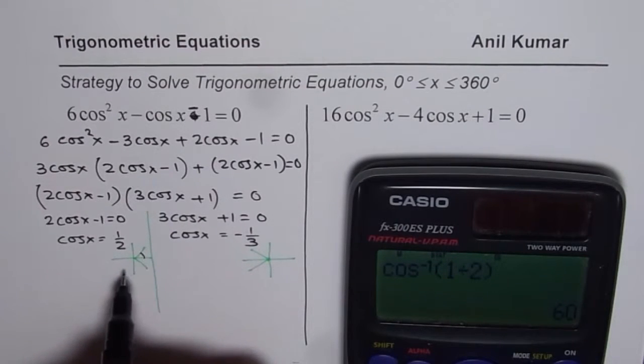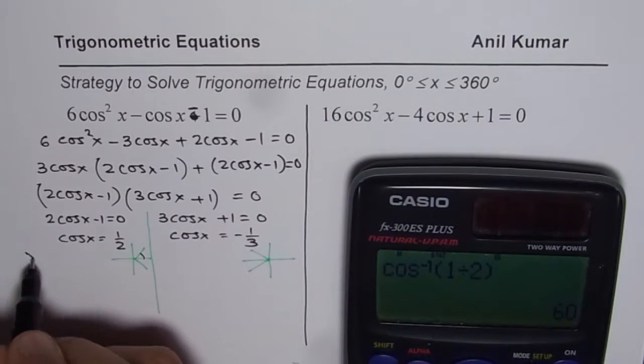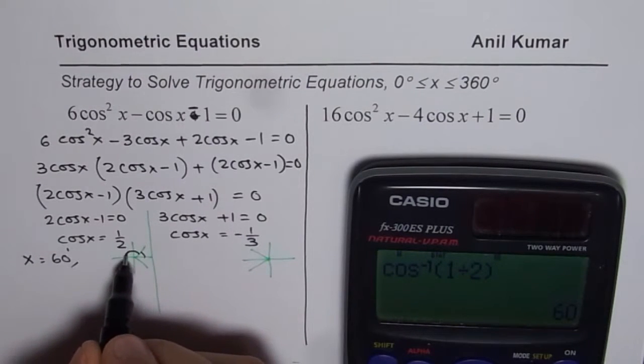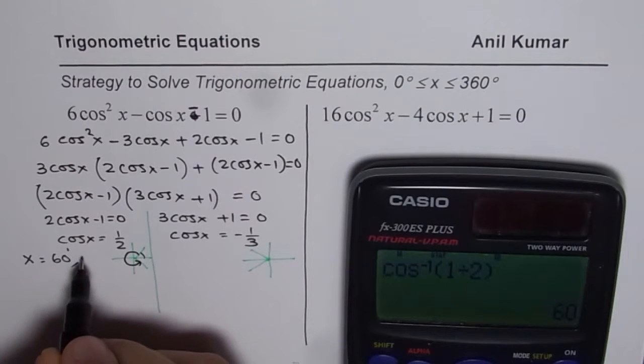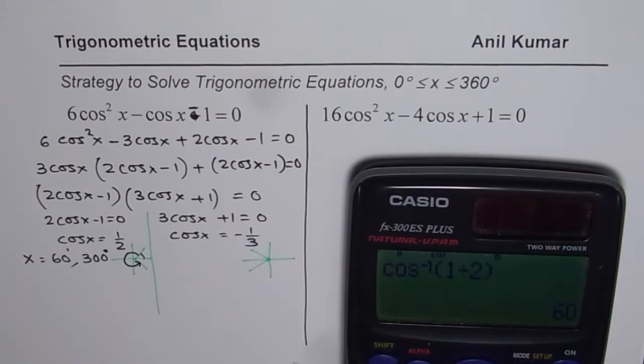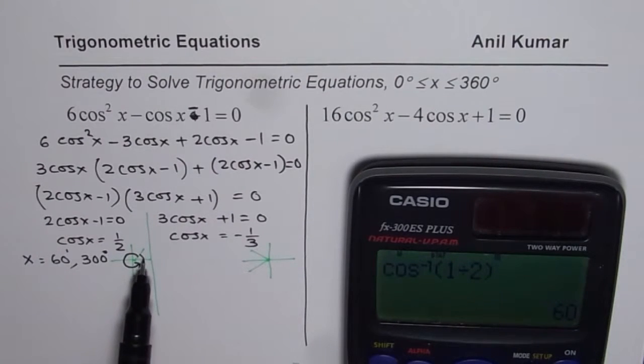So this acute angle is 60 degrees for us. So we get one solution, x equals to 60 degrees. The other one is 360 minus 60, right? So the other one is 300 degrees. So that is how you get two solutions for the first one, right? So as you can see, we found the acute angle first and then the other angle.